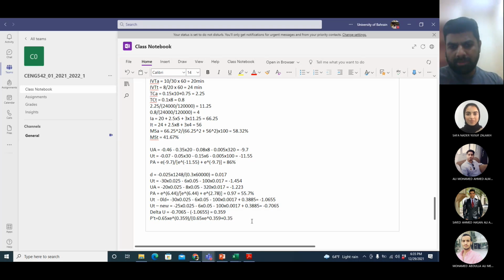So 65 is for bus and 35 is for car. And then it will be multiplied by e to the power 0, no difference.